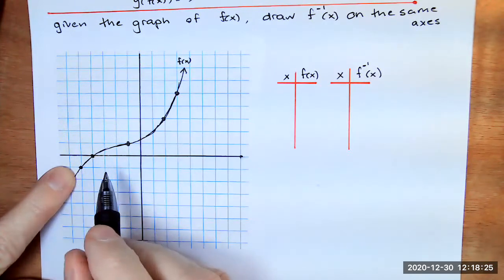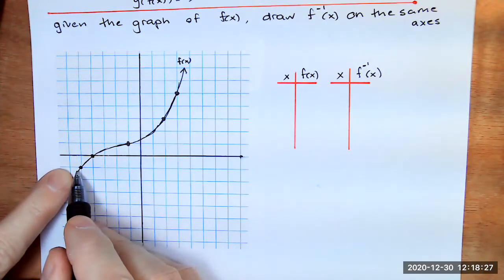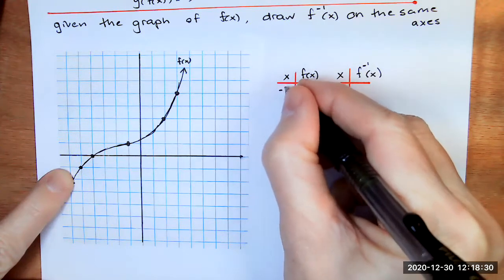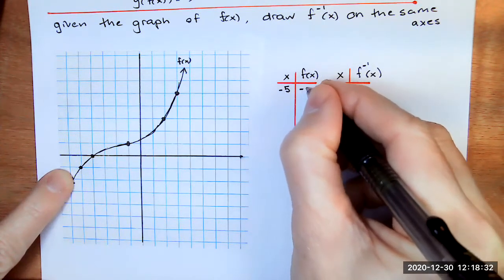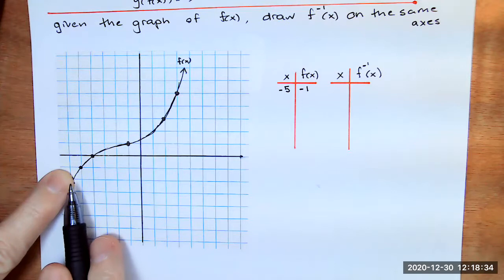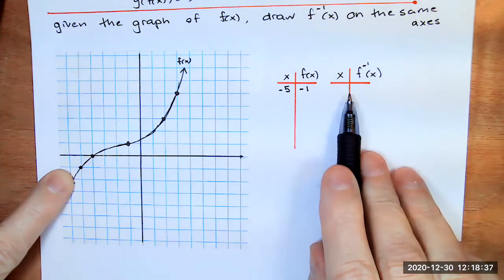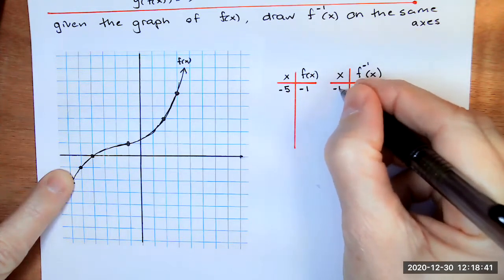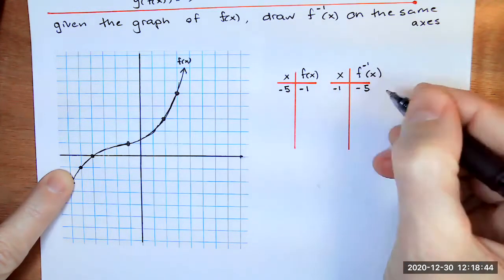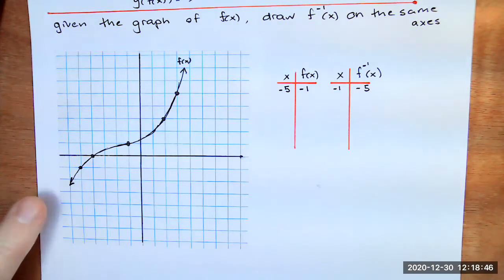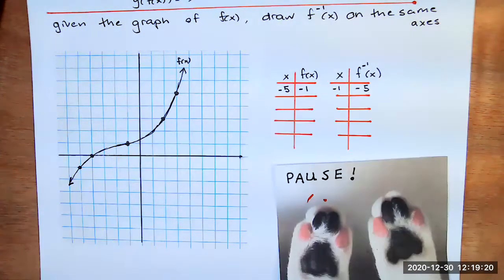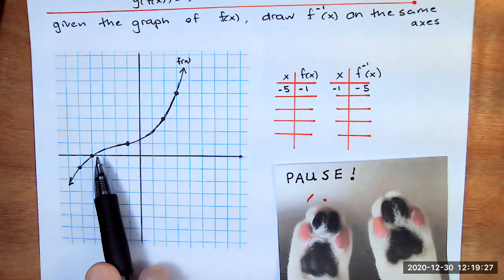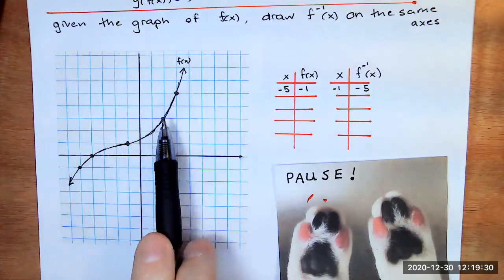So on f, we have -5, -1. So what point will be on f inverse? If you guessed -1, -5, you would be correct. So if you haven't already finished the problem, I would stop here and fill in these two tables using these points shown.